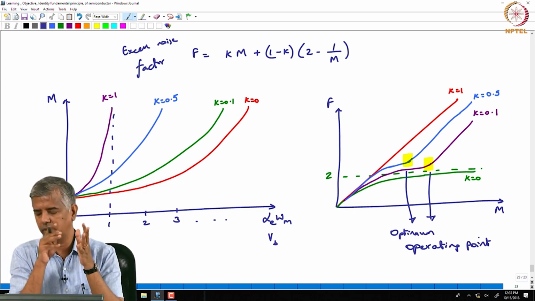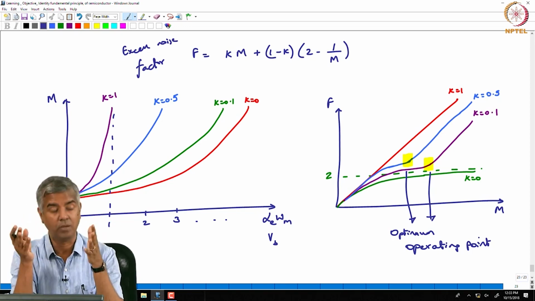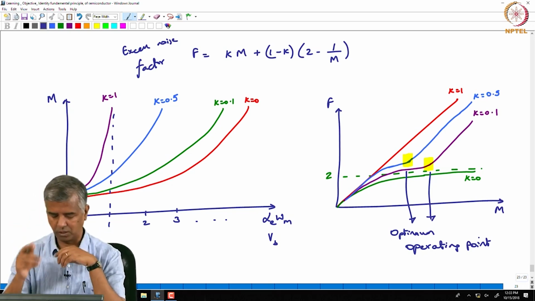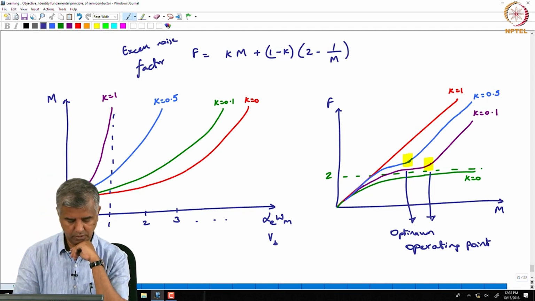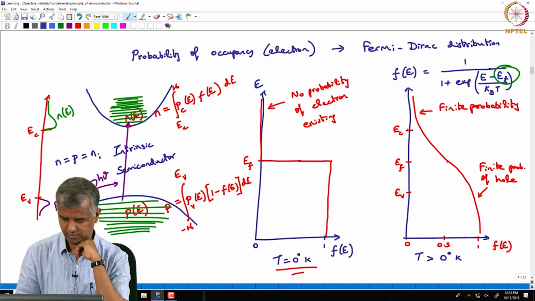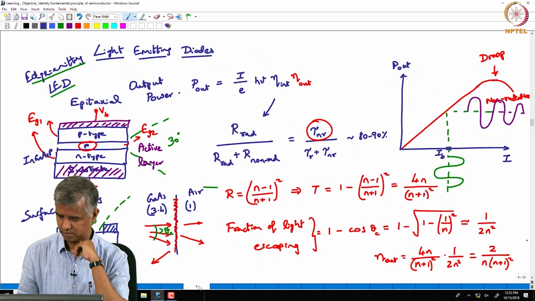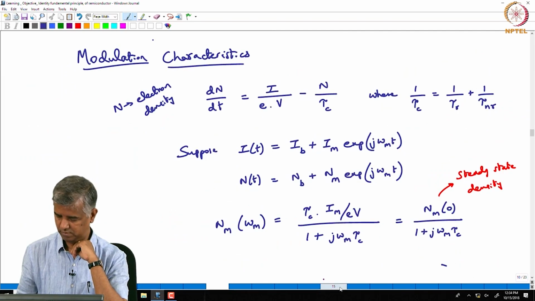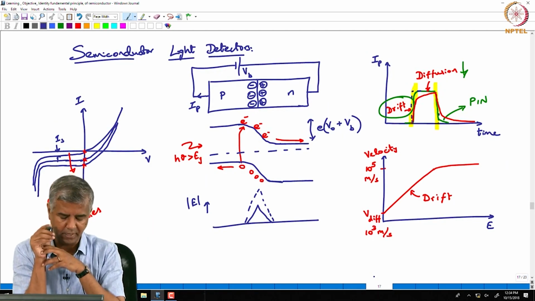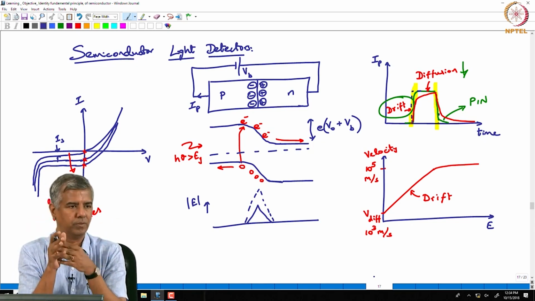So, it tells you that of course, as you keep increasing your bias voltage, at some point you are going to get into breakdown, right. We talked about the IV characteristics, and we said beyond a certain voltage it is going to punch through, it is going to break down, right.